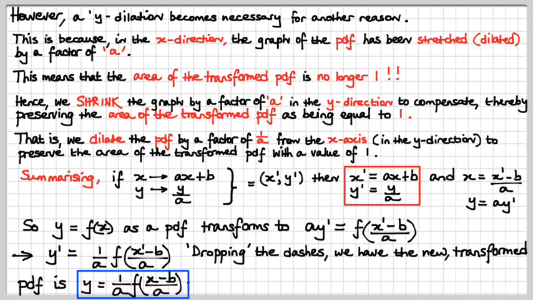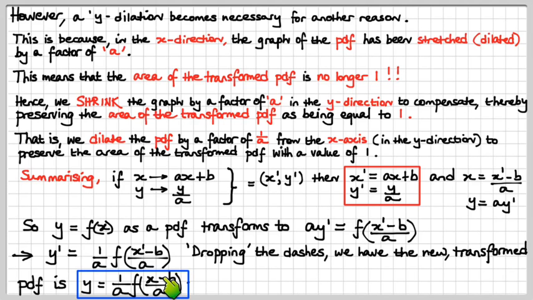Incidentally, if you're good at reading off the transformed functions, knowing that the original was the base model function, that is y equals f of x, if you're good at reading these off in the D, then R, then T, that is dilation, reflection, translation sequence, you would know that this a is a dilation of a factor of a in the x direction or from the y-axis.